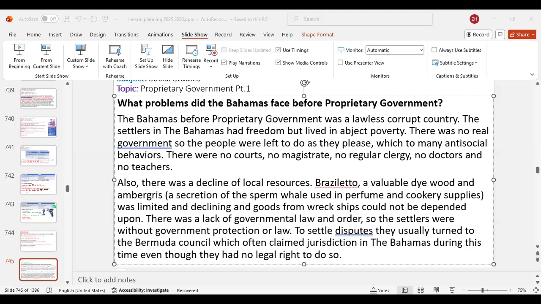Let me repost the quiz inside the chat. Very good, Malia. Very good, Joel. All right, Cordell, very good. Very good, Kaden.